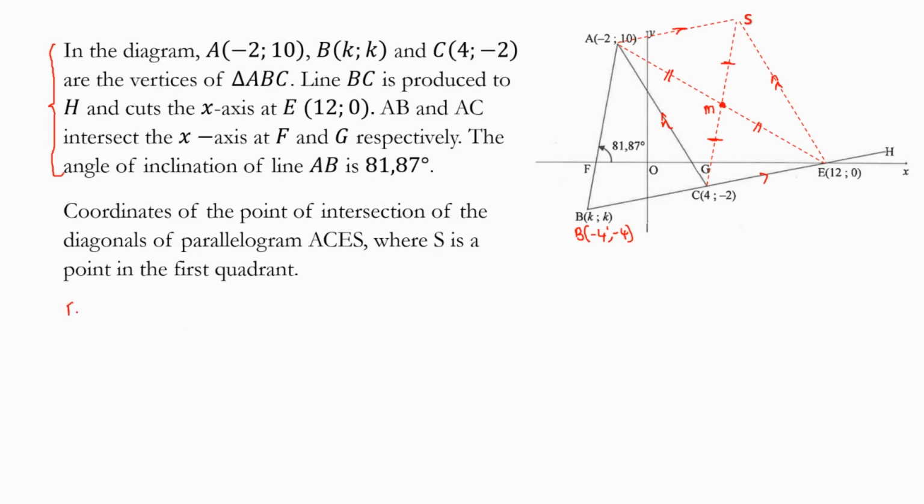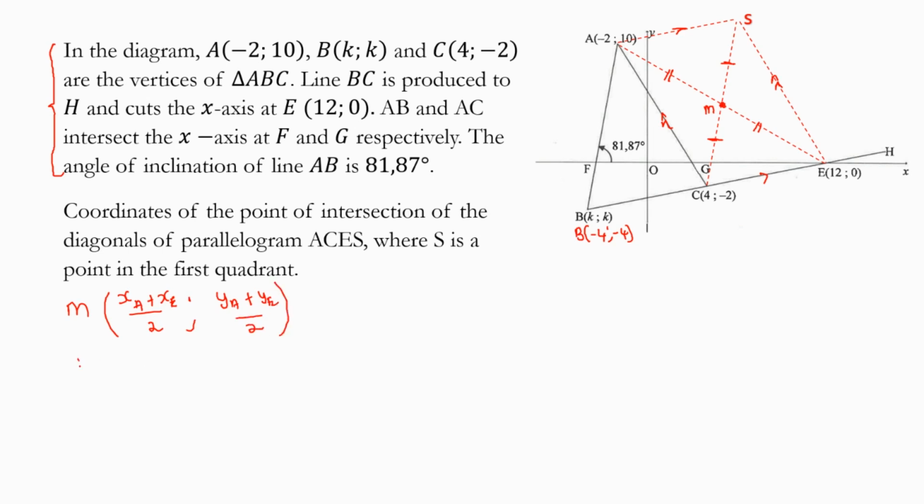The coordinates of M, the midpoint of a line segment, are: we have A and E here, so it's going to be XA plus XE divided by 2, and then YA plus YE divided by 2.